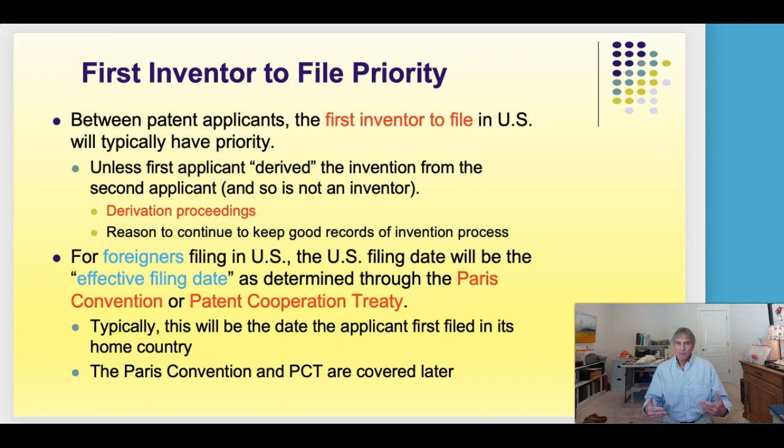So, if you are comparing who invented first, which date should count? Under the old law, the conception date ruled, as long as you thereafter diligently reduced the idea to practice.